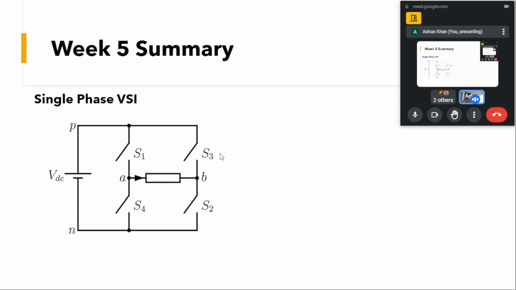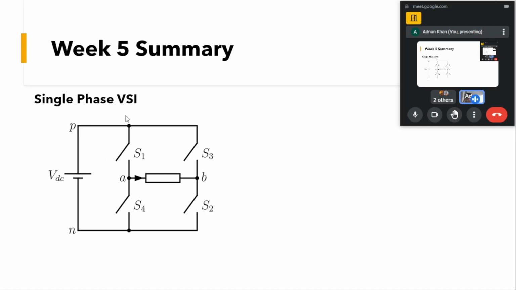This is the circuit topology for a single phase voltage source inverter, where we have a DC source, one leg with S1 and S4 switches, the other leg with S3 and S2 switches, and the load connected between point A and point B. This load can be anything: a resistive load, inductive load, RL load, or RLE load. S1 and S3 are connected to the point P, and the bottom of S2 and S4 is connected to the point N.